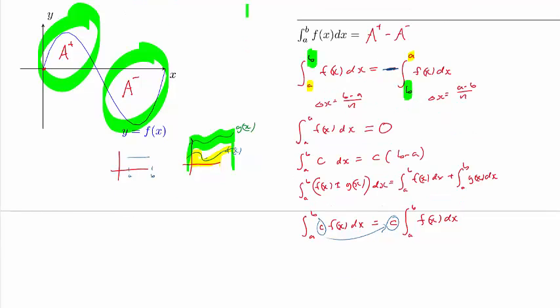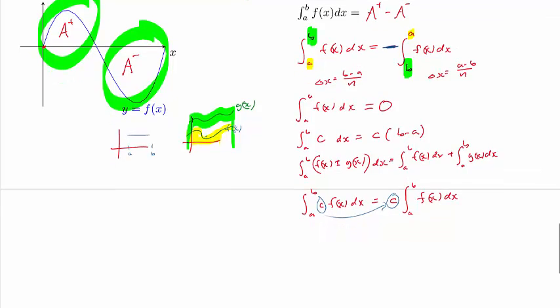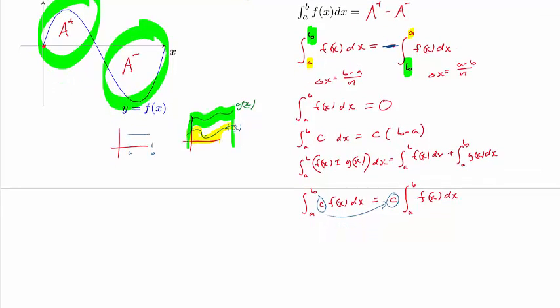Alright, this next one is going to prove quite useful. This is the integral from a to c of f of x dx. Alright, so let's go ahead and put the picture here. We have this function coming along here. We want to know what the total area is from a to c.